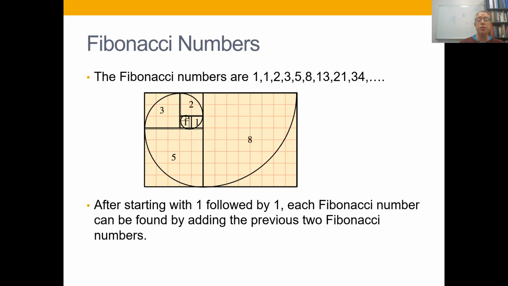But then when you do 13 divided by 8, it's 1.625. We're getting closer and closer to the golden ratio. And then if you do 34 divided by 21, on your calculator, that's about 1.62. So if you divide consecutive pairs of numbers, you get the golden ratio.